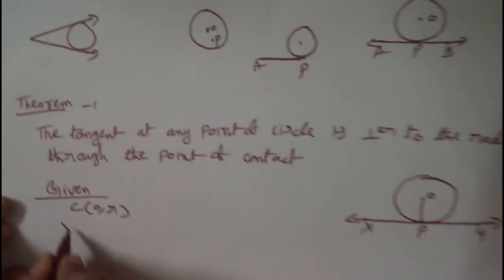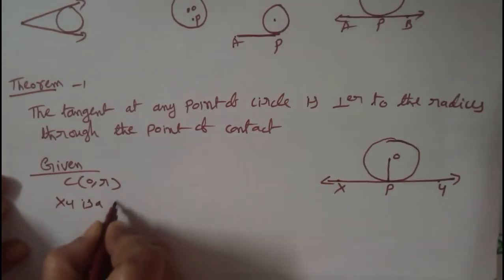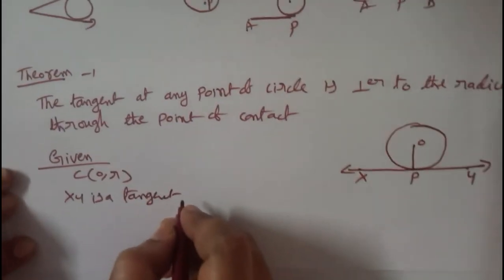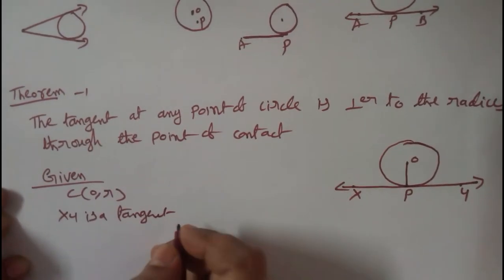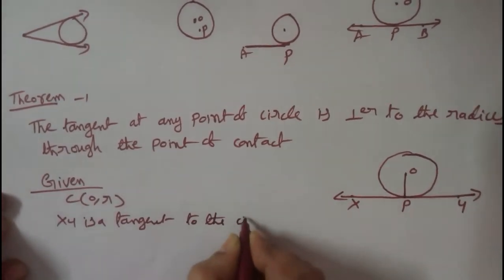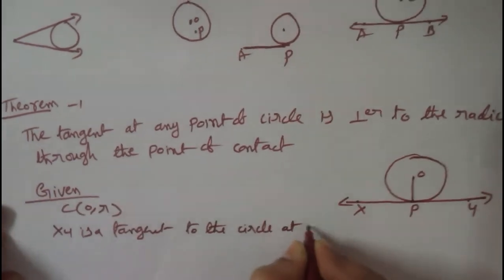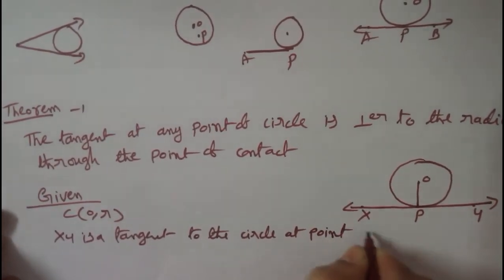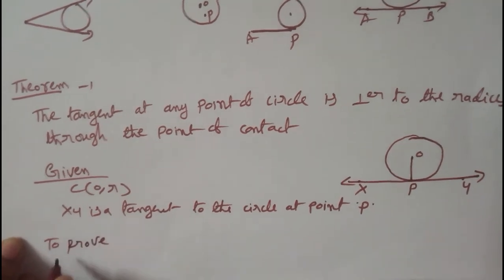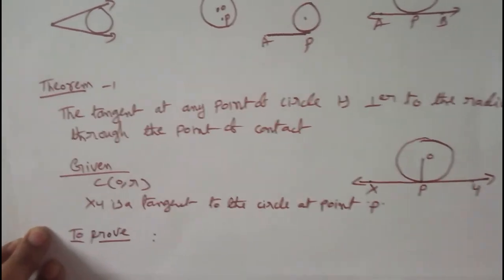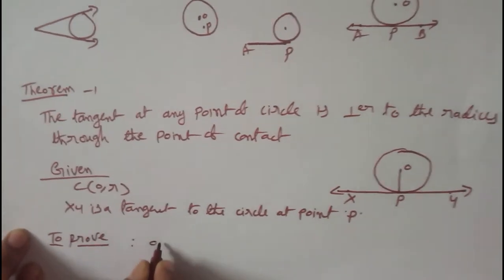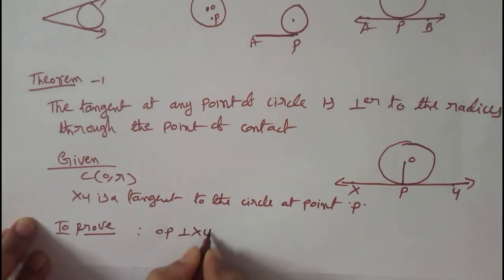XY is a tangent to the circle at point P. To prove: what is to prove? OP, the radius, is perpendicular to the tangent. That is, OP is perpendicular to XY.